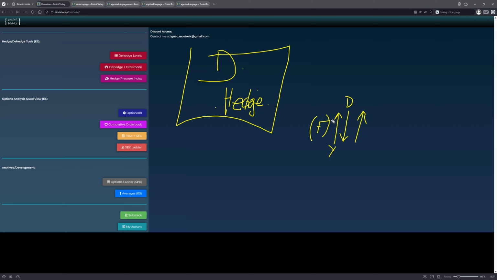So you bought the futures market and they bought it, right? And this way, they put a bit more pressure just by hedging your buy. They put a bit more pressure to the upside, right?